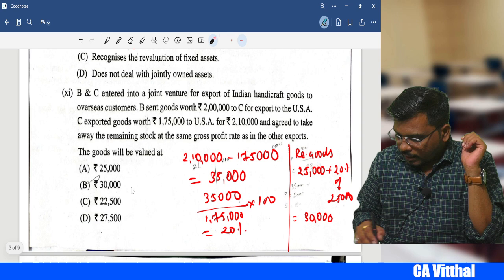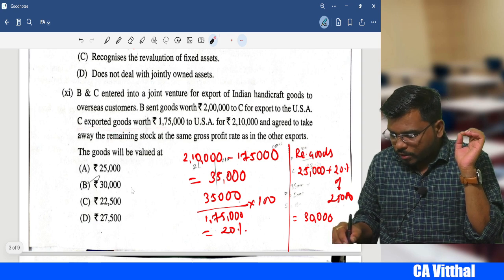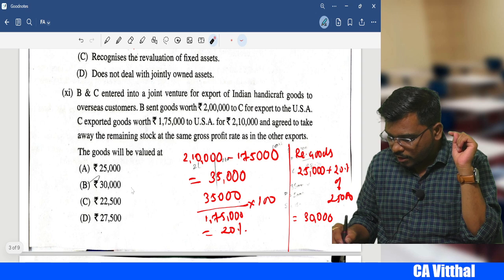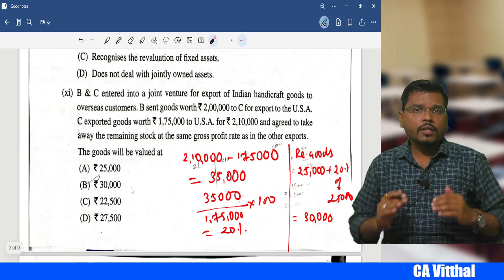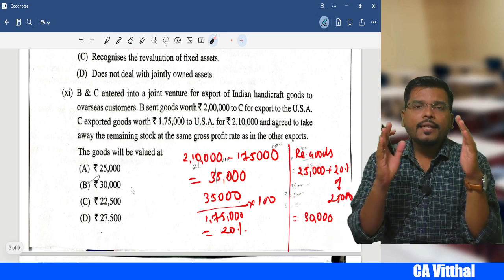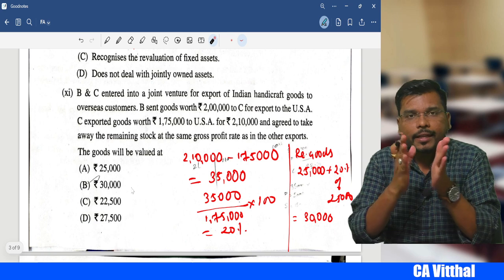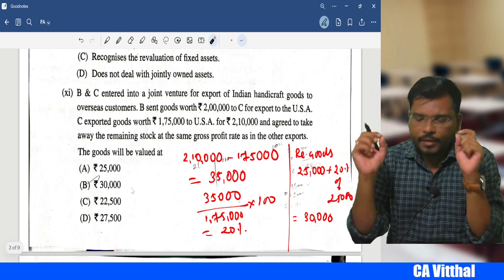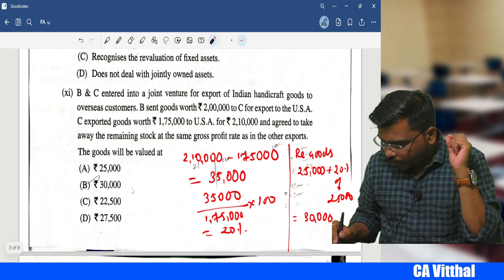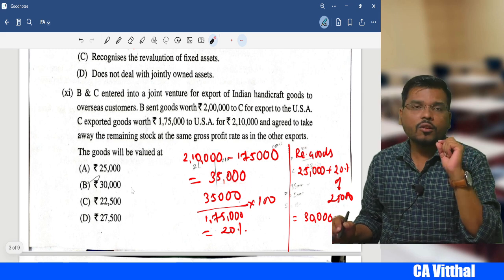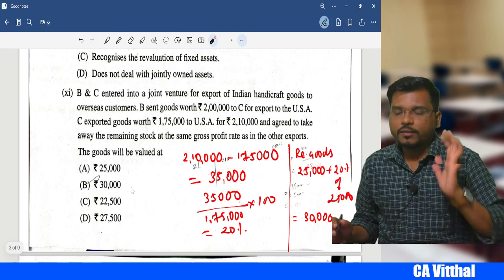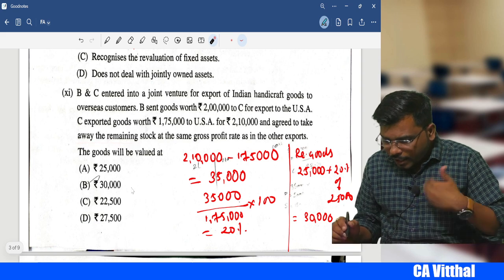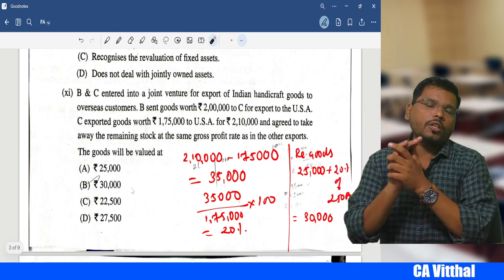C exported goods worth 1,75,000 to the USA for 2,10,000. That means there is a profit. Total profit becomes 35,000. And agree to take away the remaining stock at the same GP margin.